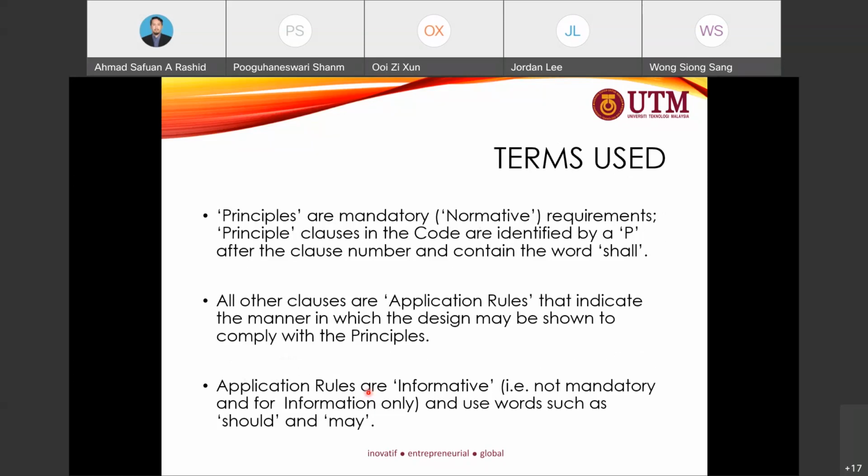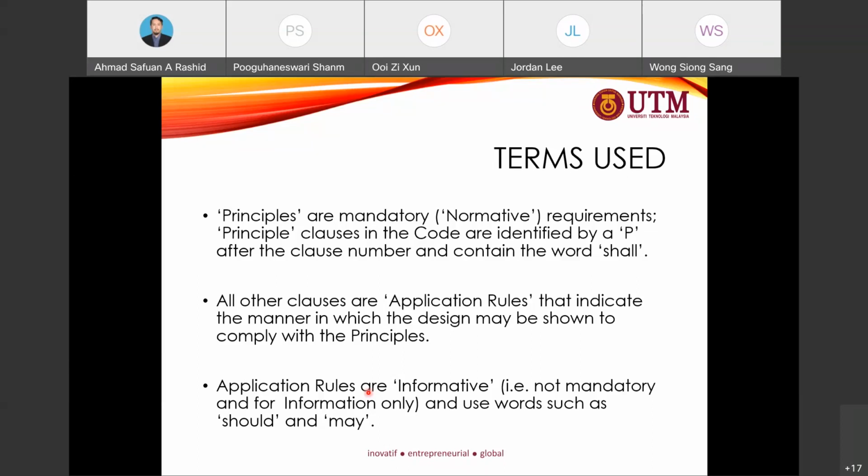The MS standard also has these terms, normative, which is the principle, and also what we call informative. Informative is not compulsory to be used.